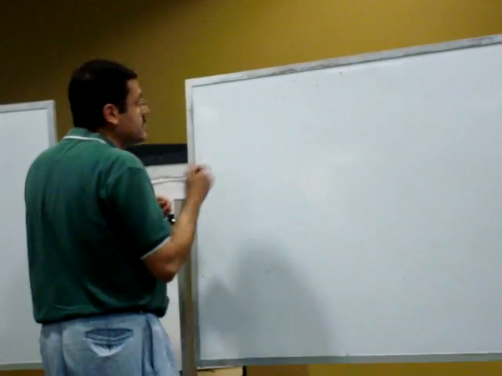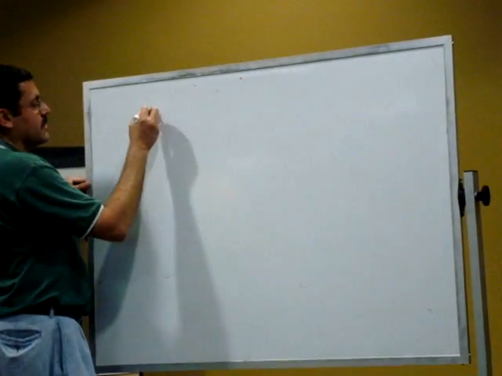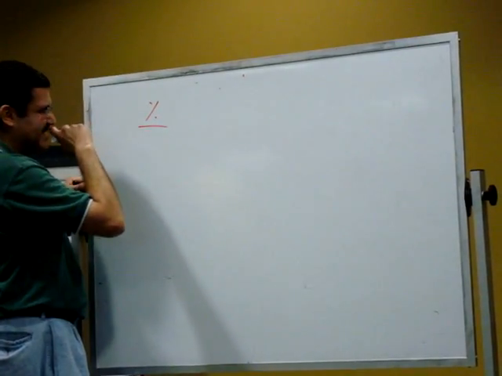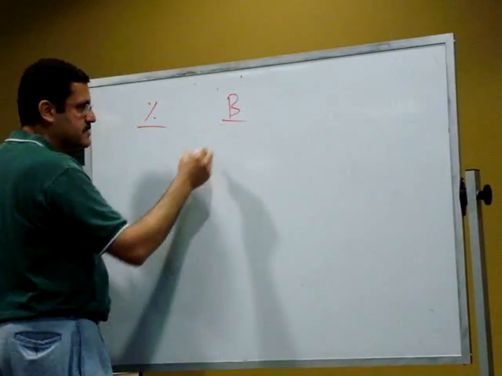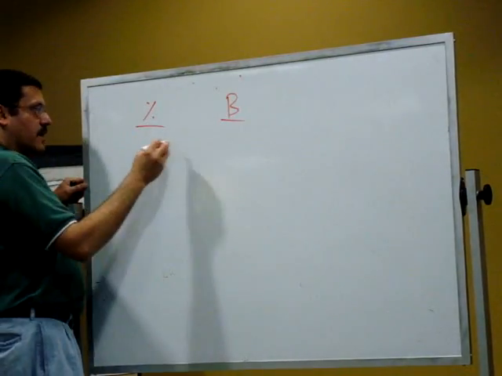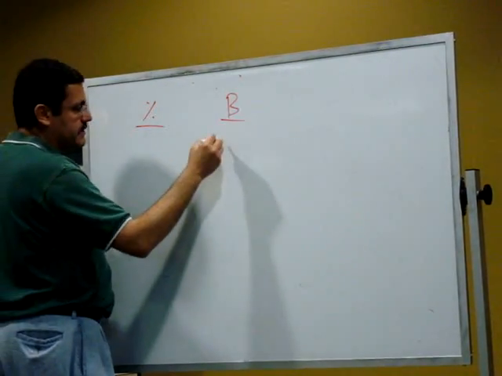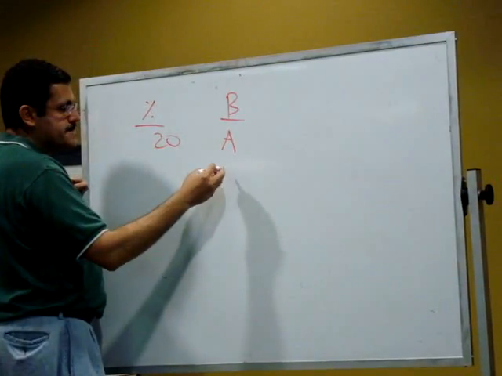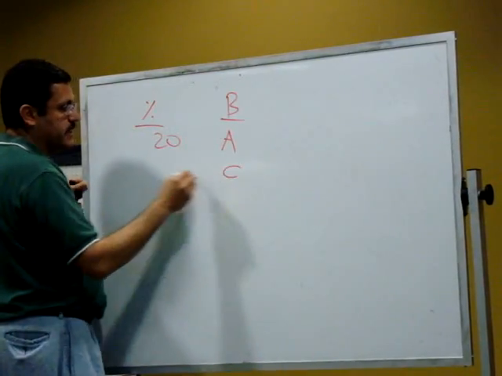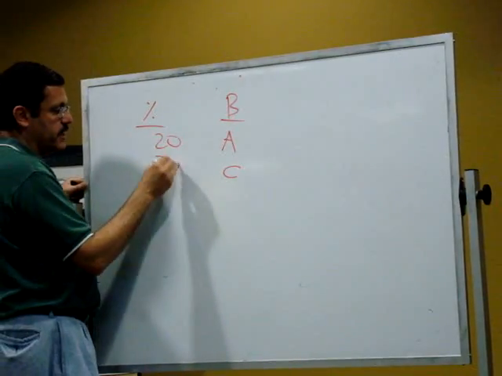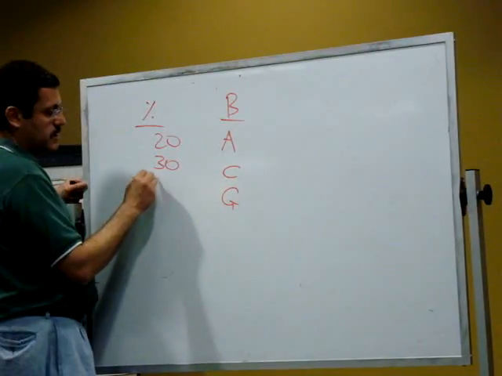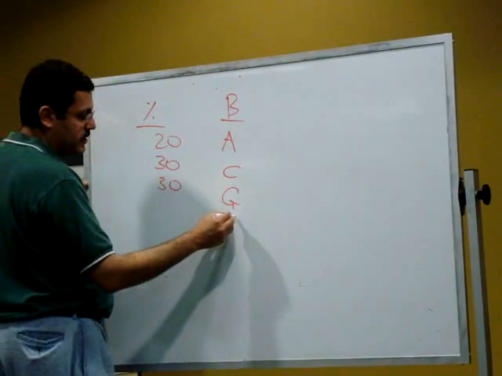Alternatively, you can be asked something like this. So these are the bases, this is the percentage. A is 20, let's say. C is, I don't know, 30, let's say. G is 30.